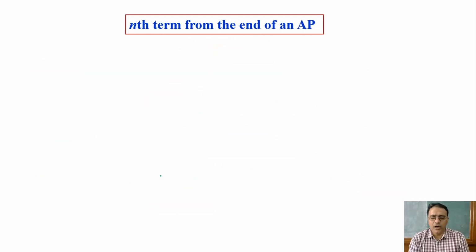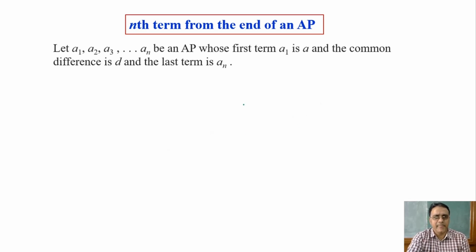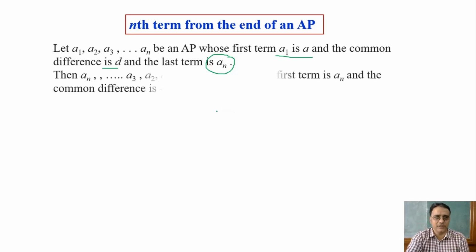So how we have to solve, just you see, let A1, A2, A3 up to AN be an AP, whose first term is A, that is A1, and common difference is D, and the last term is AN. So if we are going to write the AP in reverse order, then also the numbers are in AP. अगर हम लोग सारे numbers को reverse order में लिखेंगे तो भी वो AP में होगा.